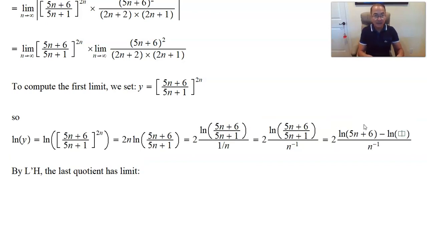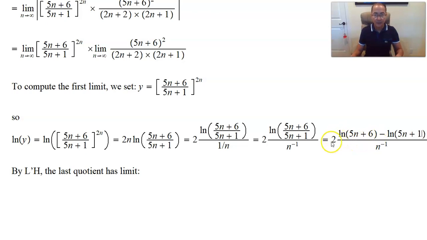Are you going to fit 5n plus 1? Oh yeah, just about. So that's still 0, even though it looks like infinity minus infinity. It came from this. All we did was algebra. So this limit is still 0, not infinity minus infinity.